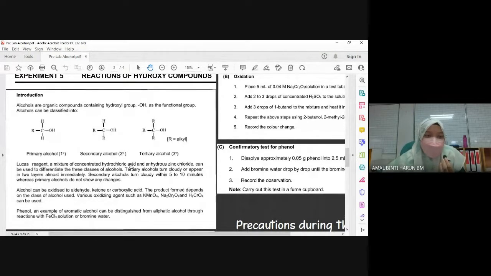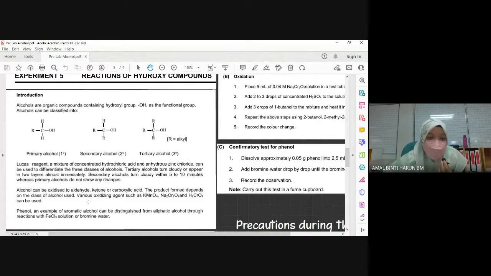Can be used to differentiate three classes of alcohol. Okay, tadi saya dah cakap dah, kalau tertiary turn cloudy immediately, and we can see the two layers form. So what is the two layers? Kita kena buat chemical reaction ni dulu. Secondary alcohol turn cloudy within 5 to 10 minutes, and primary alcohol do not show any changes even after 10 minutes.